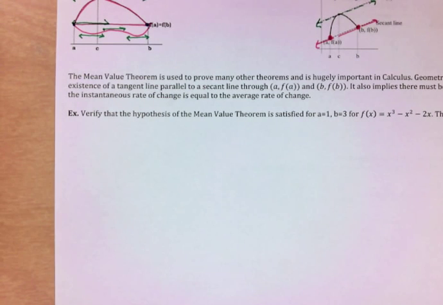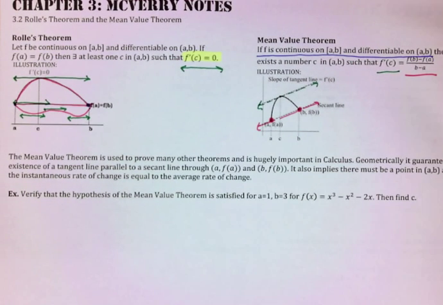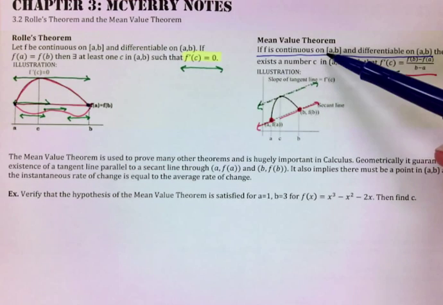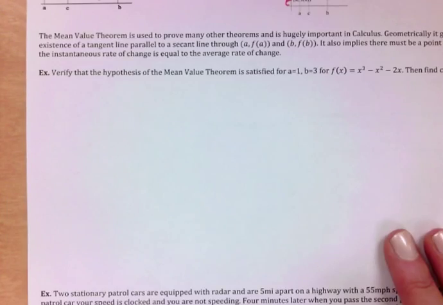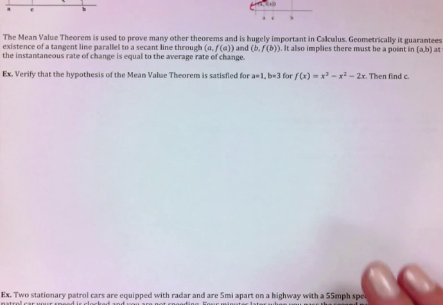So before we get to use the mean value theorem, we need to show that it's okay to use it. The mean value theorem is valid if f is continuous on the closed interval and differentiable on the open interval. So we know how to prove that. There are those 3 steps of continuity, and we had that in our chapter 1.